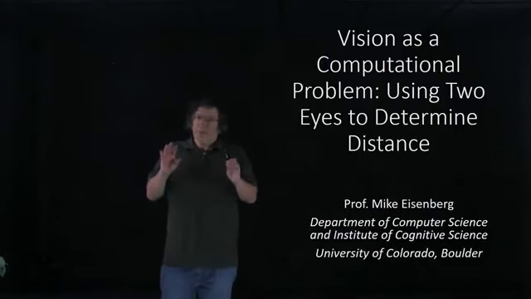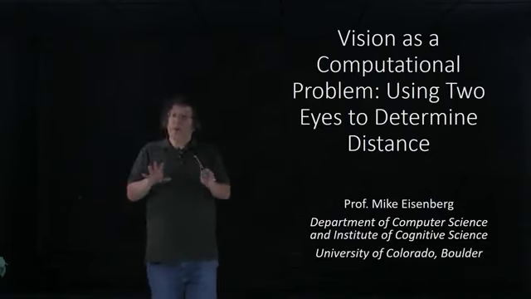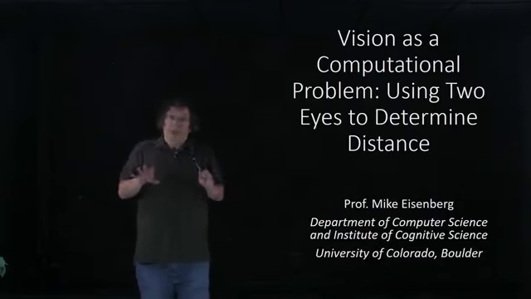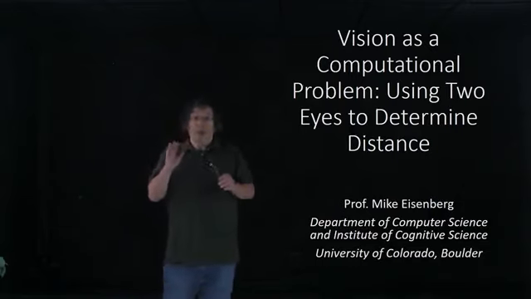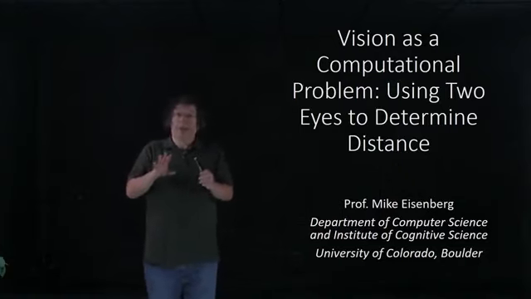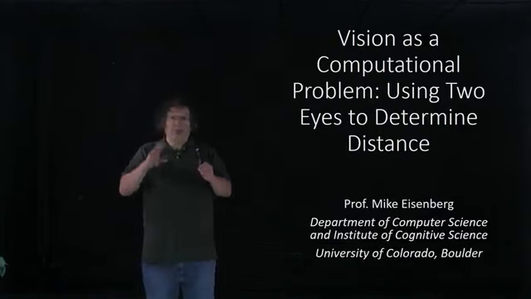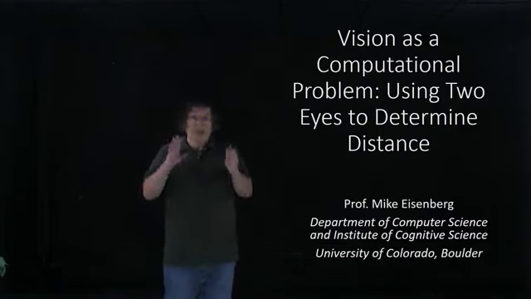In today's talk, I'd like to focus on one particular problem involving a computational view of vision. We've already talked a little about one task of vision, which is to determine where the edges of objects are.